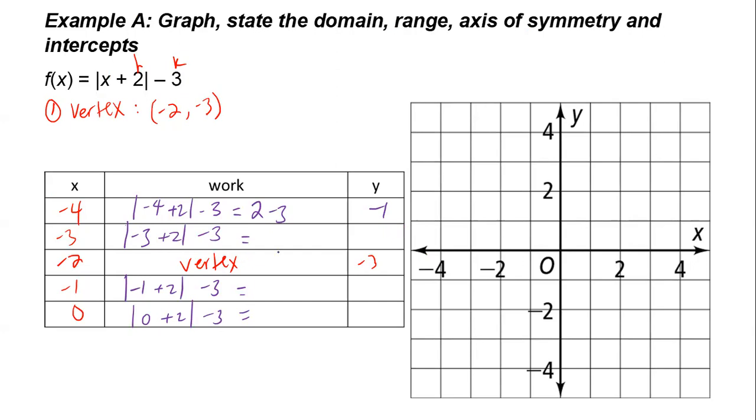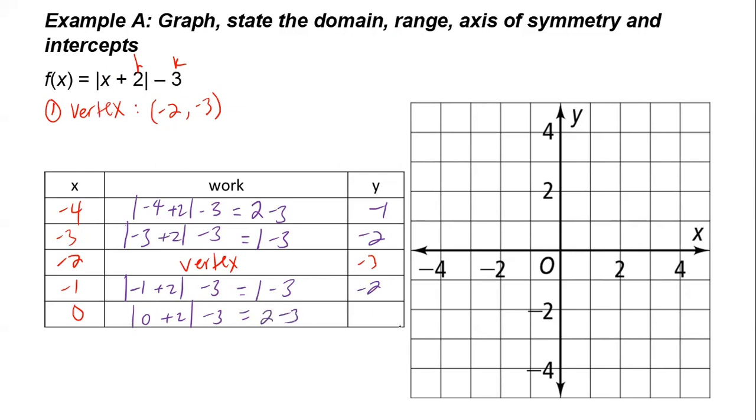-1. What is the absolute value of -1? 1. What is 1 minus 3? -2. What is -1 plus 2? 1. And what's 1 minus 3? -2. What is 0 plus 2?